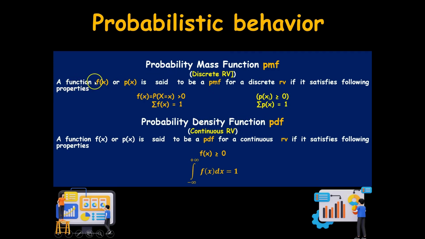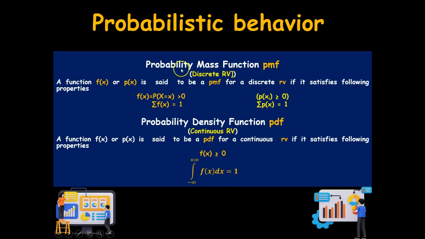So a function f of x or p of x is said to be a probability mass function for a discrete random variable if it satisfies the following properties. Similarly, a function f of x in a similar way is said to be a density function for a continuous random variable if it satisfies the properties which are given here.